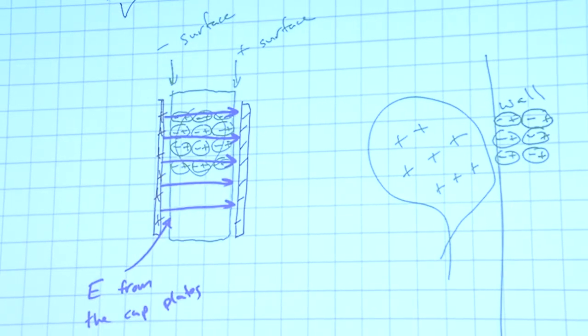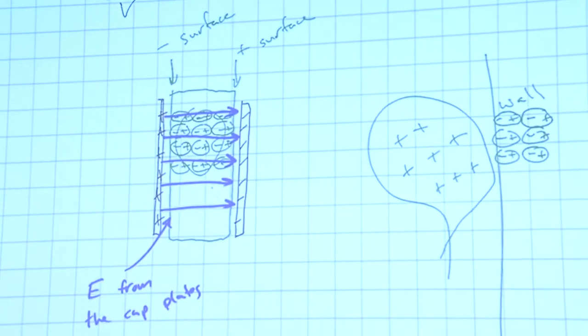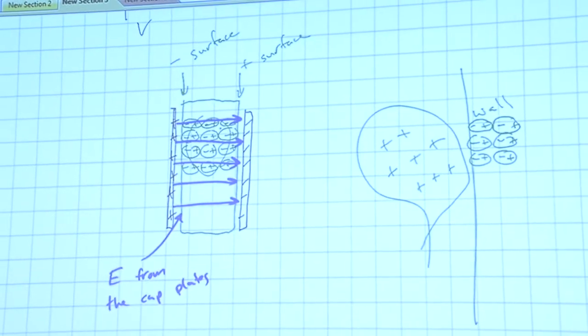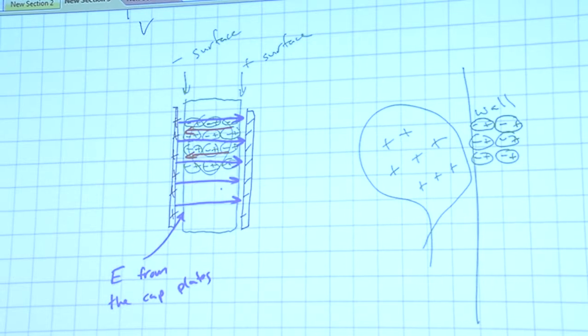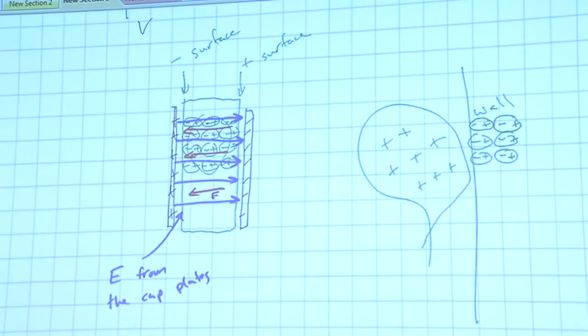And now we have an electric field, I'll draw it in red, a smaller one in the opposite direction from the surfaces of the dielectric.